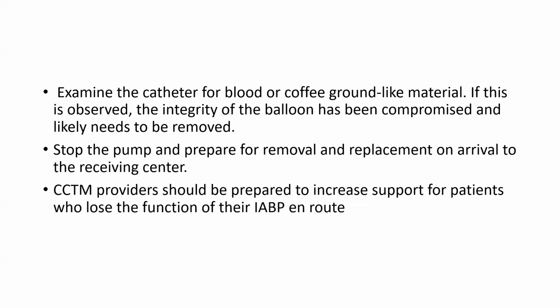Examine the catheter for blood and coffee ground-like material. If this is observed, the integrity of the balloon has been compromised and it likely needs to be removed. Stop the pump and prepare for removal and placement of a replacement on arrival to the receiving center. CCTM providers should be prepared to increase support for patients, given the reduced function of their IABP.